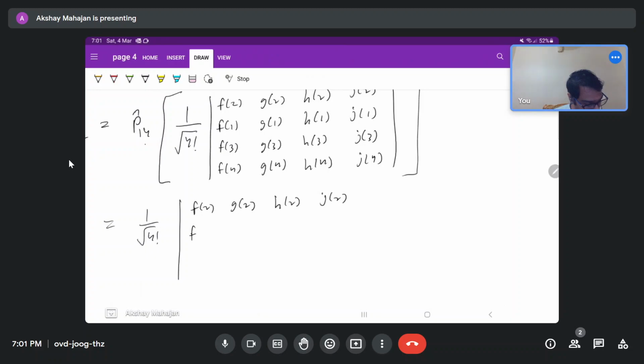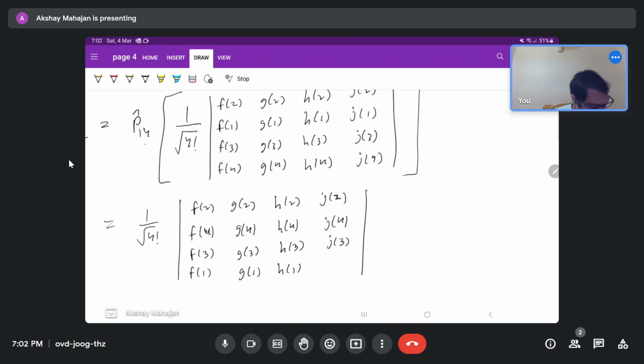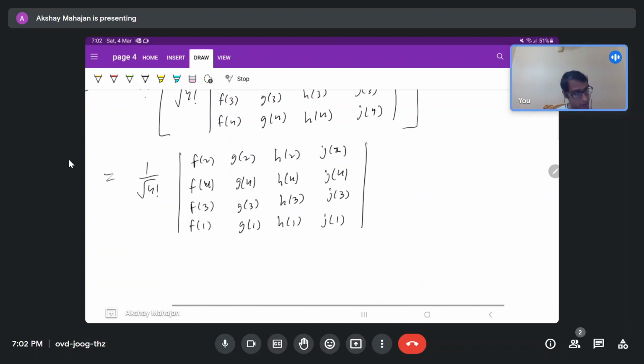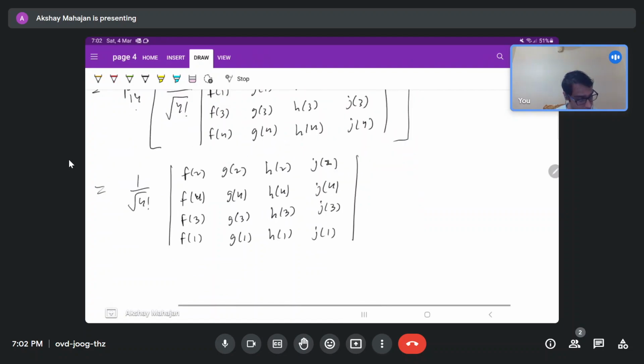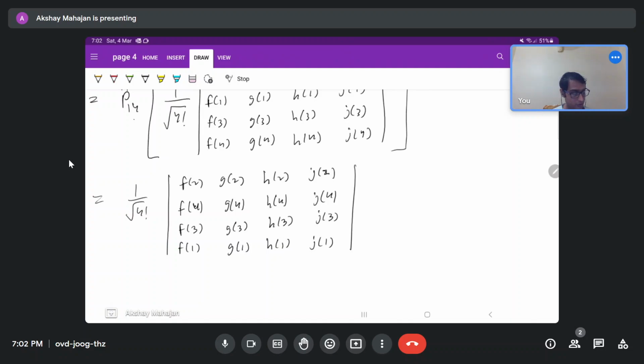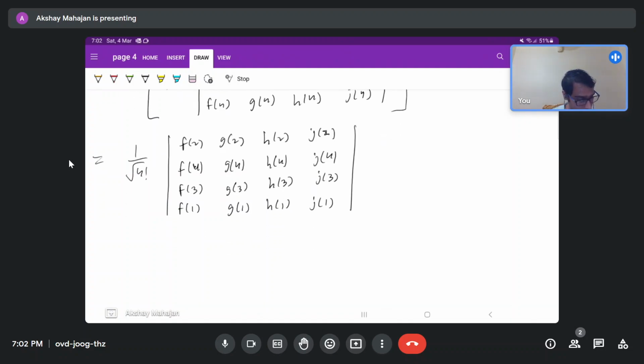I just have to change 1 and 4, so I will write 2 and 3 in whatever form they are, F2 G2 H2 G2, and interchange 1 and 4: F4 G4 H4 J4, F1 G1 H1 and G1. Now we are getting something like this matrix. Now let's see what happens. Can we get it to our 5 determinant?